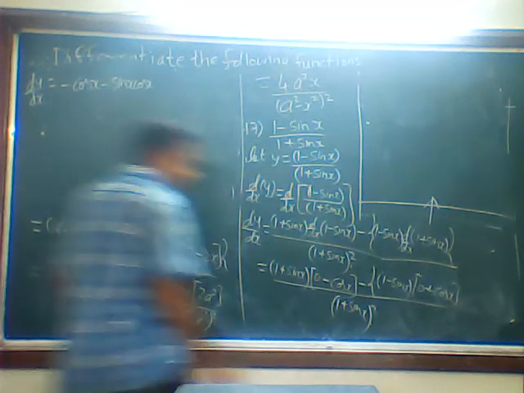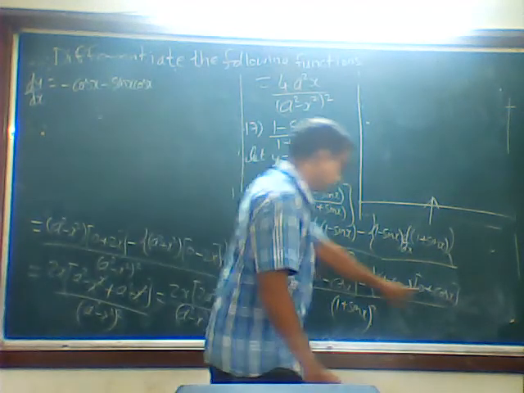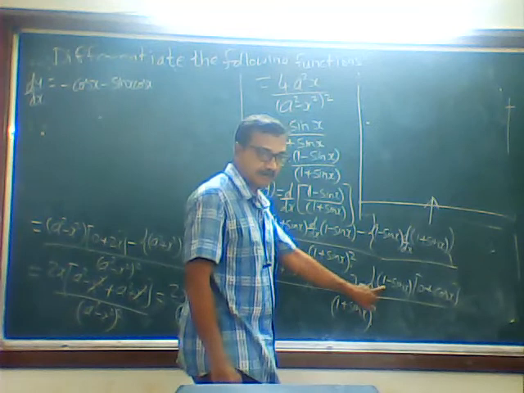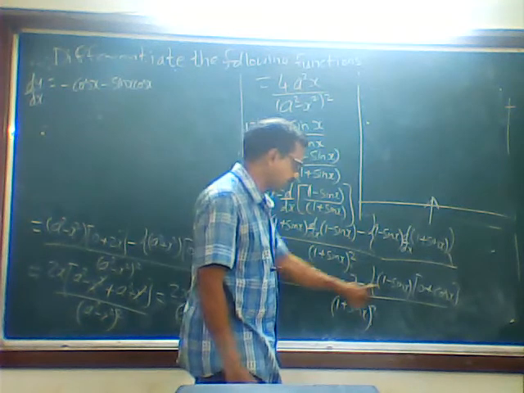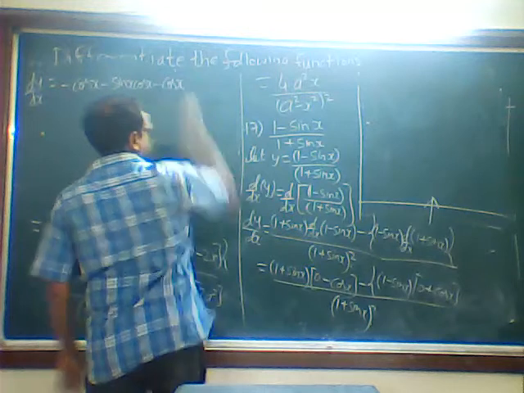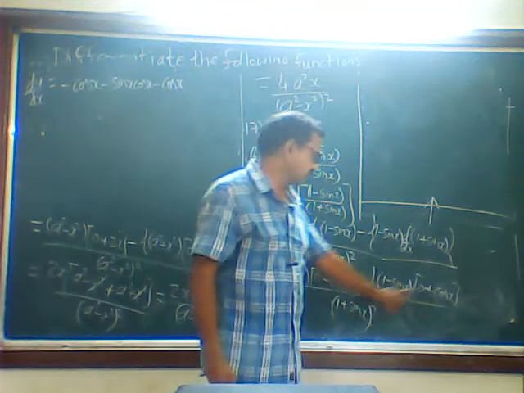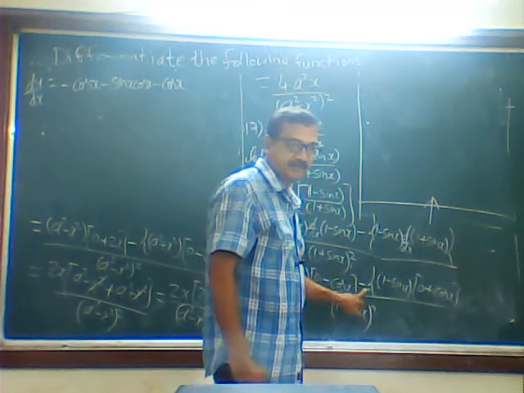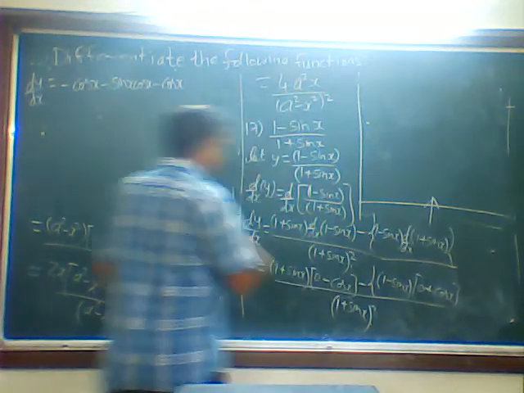Okay. Then I will come over here. Plus cos x into 1 is plus cos x. I am opening this lower bracket. Minus into plus is minus cos x. Next, minus sin x into plus cos x is minus sin x cos x, but this minus sign comes inside, it will become plus sin x cos x.